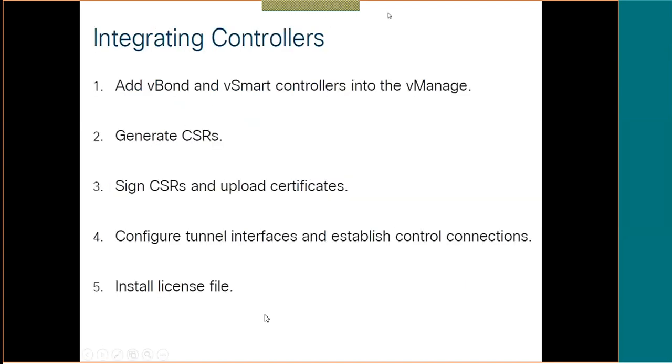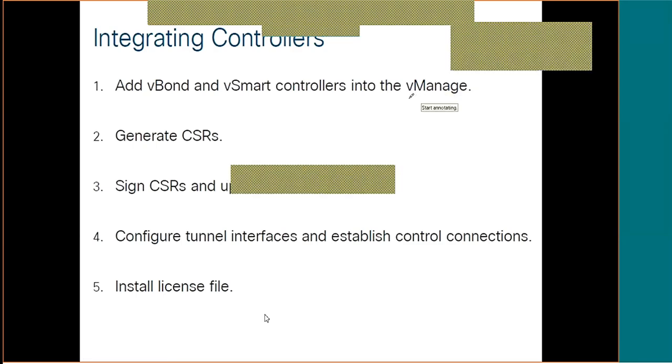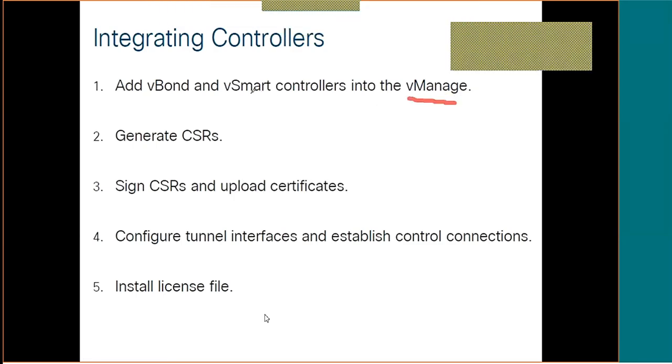After the initialization, vManage has no information about vSmart and vBond. That means vManage has no visibility to the other controllers, and the information is not available to the other WAN edges. Now, first we integrate the controllers, then we will talk about the WAN edges. So in vManage, we have whitelisting steps.